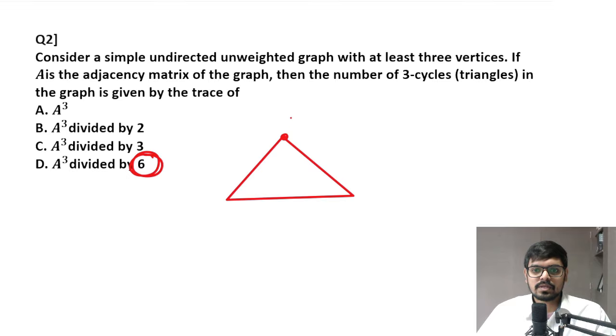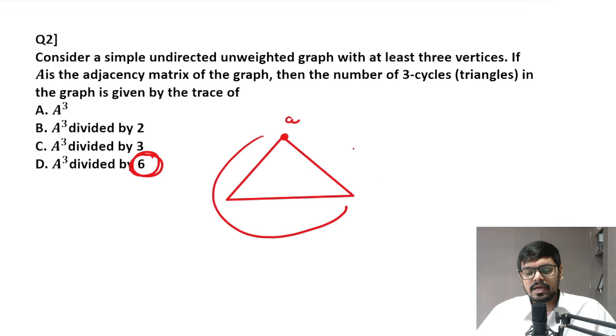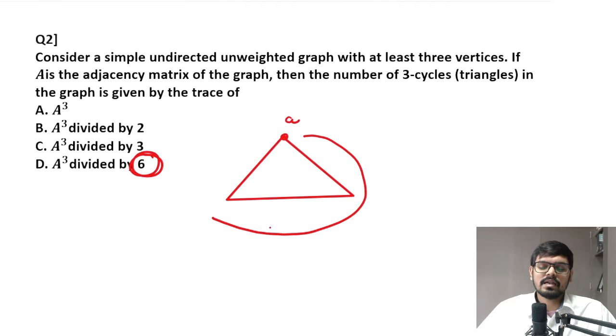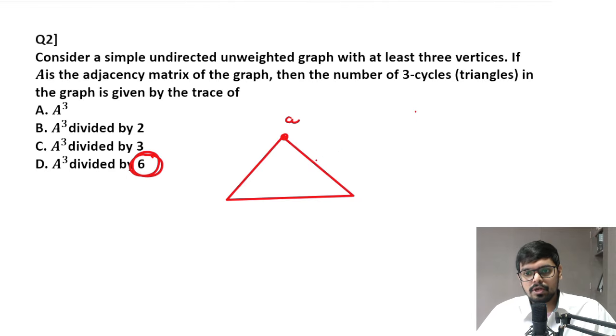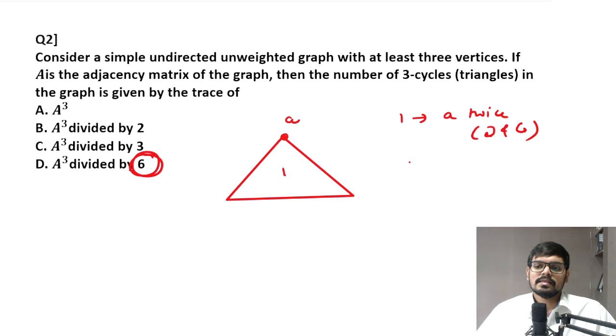How 6 times? Vertex A will travel clockwise and cover this triangle, and travel anti-clockwise and cover the triangle. So take this triangle 1. It is covered by A twice, clockwise and anti-clockwise. Similarly, this triangle is covered by B also, in the same style, clockwise and anti-clockwise, so twice.